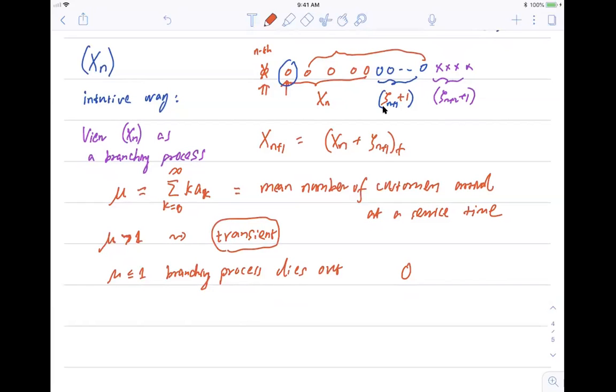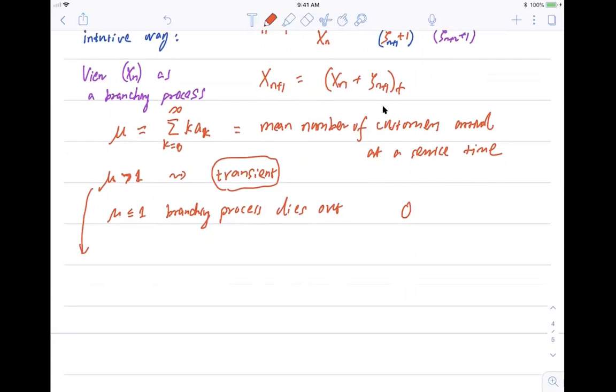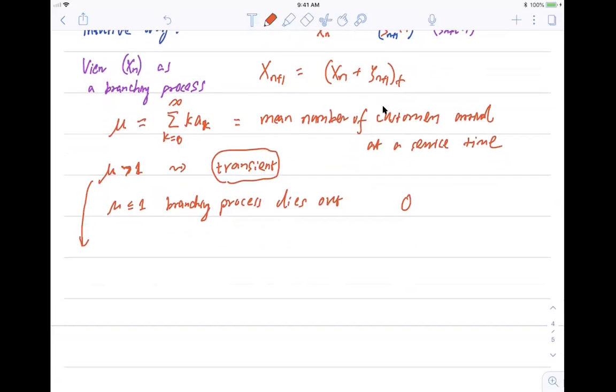If mu is bigger than one, how do we do that? We start from x customers, and we consider the probability that it reaches zero, that it dies out in finite time.